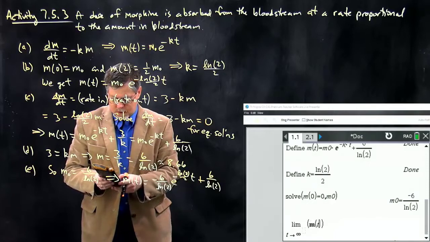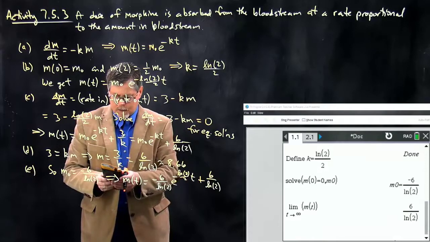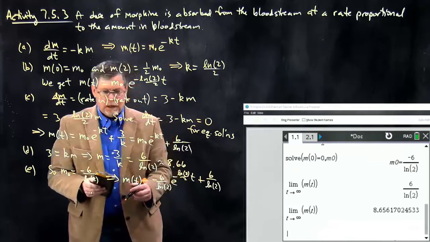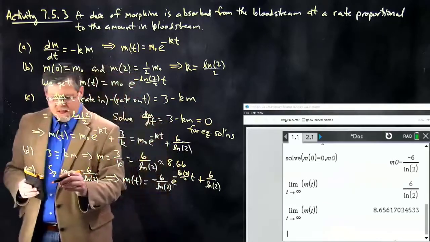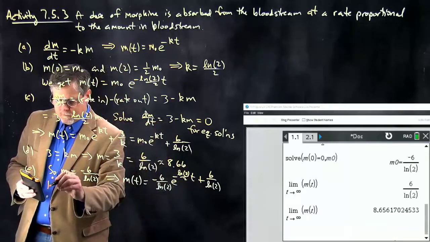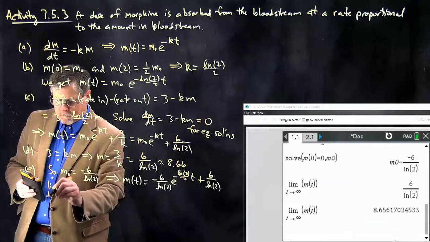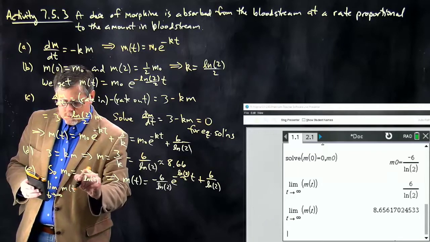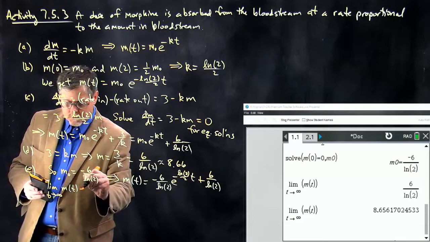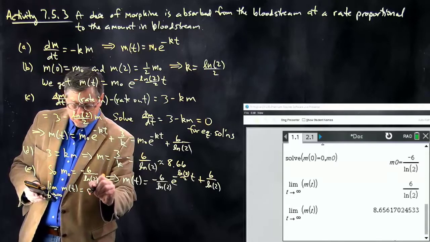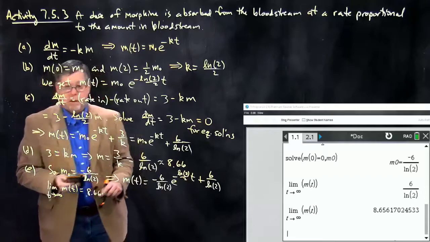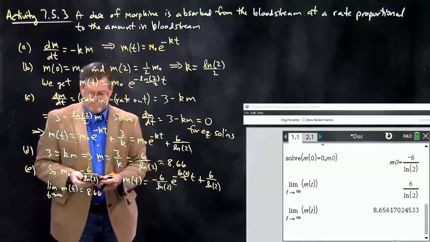And we get that, which is kind of what we knew would happen. So again, it stabilizes at 8.66 milligrams of morphine in the bloodstream.